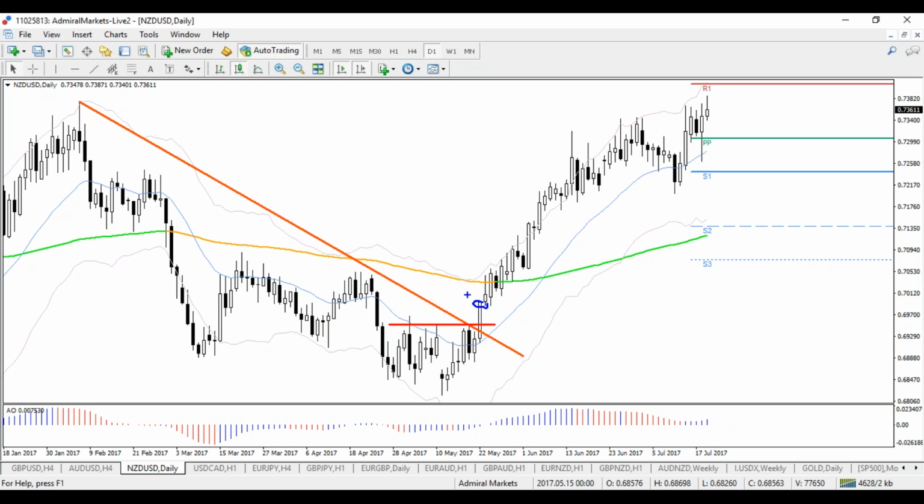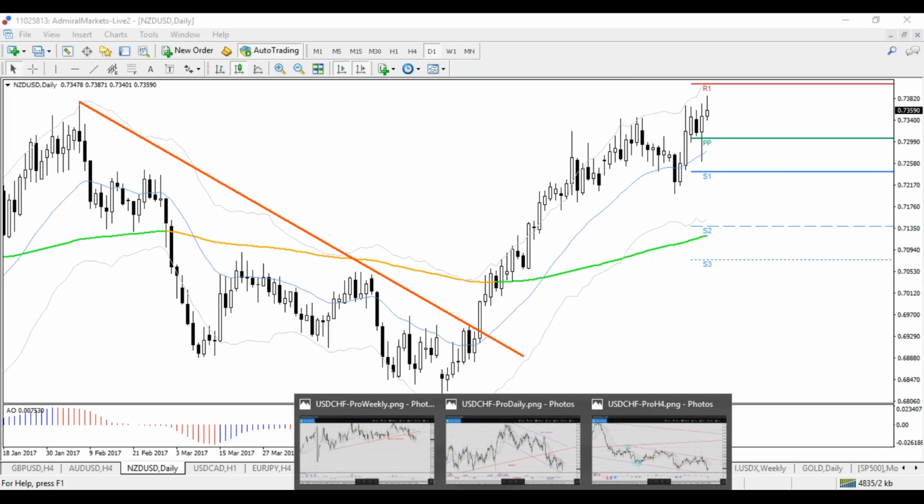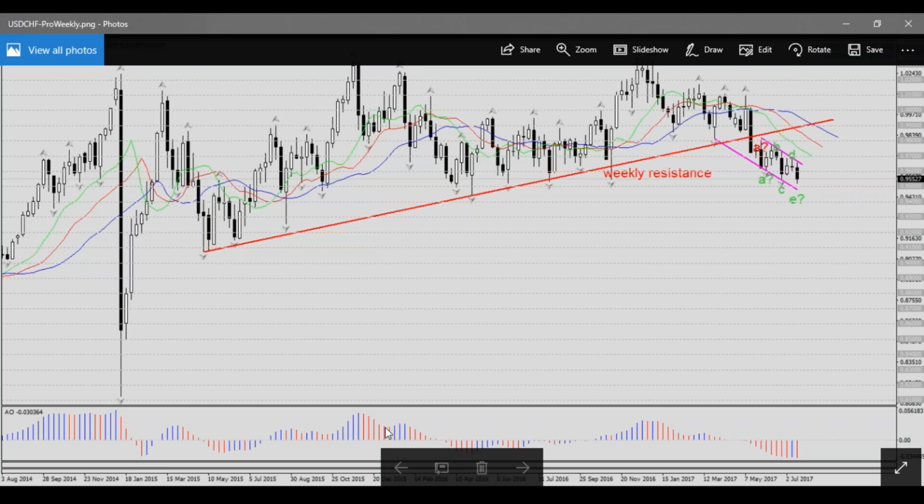We can take a look at the dollar Swissy, because I promised Dushan to take a look. Dushan, I hope I said it correctly. He sent charts, which is great. I love that, and I hope more of you will follow. And this is the dollar Swissy once again, Swiss franc.